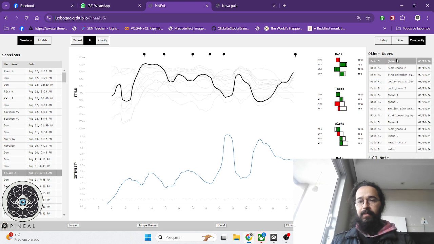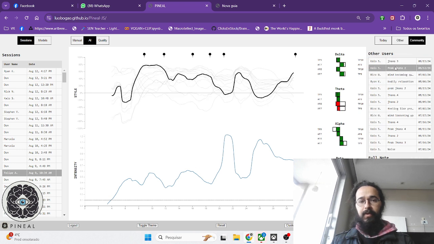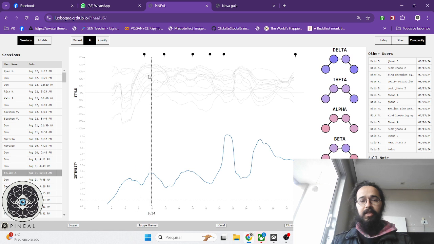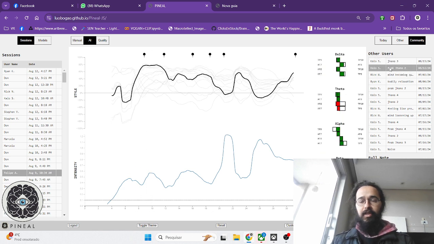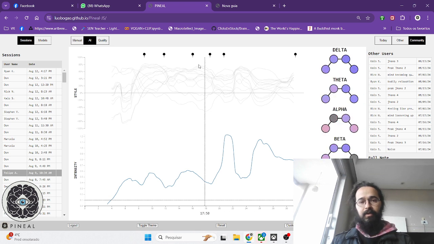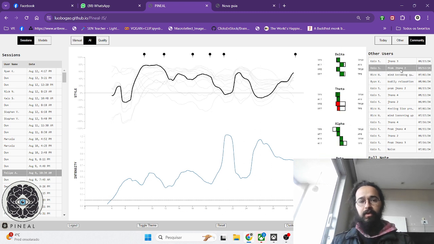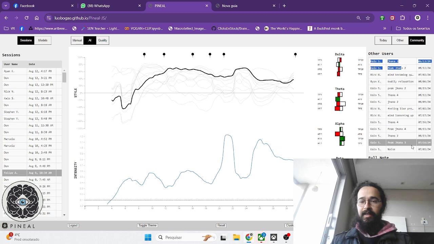And of course, community. So for example, at the beginning of his session here, he matches strong with my peak jhana 2 note. So this is his axis concentration note, jhana 1 concentration. So this area between these two notes of Felipe has a good strong match with my peak jhana 2 specific moment of the practice.